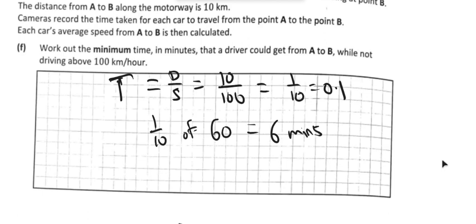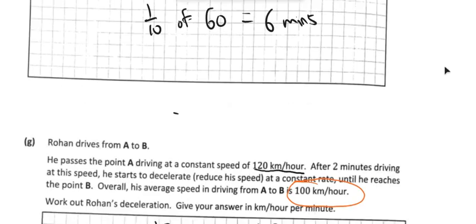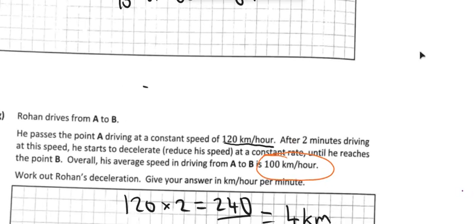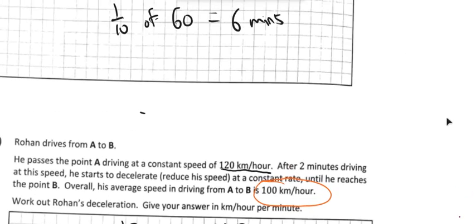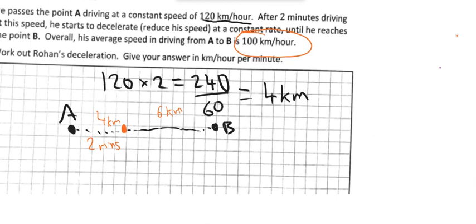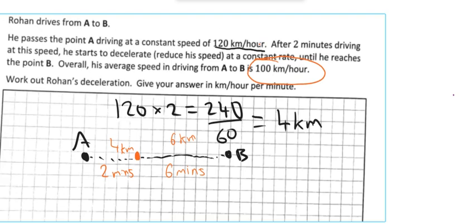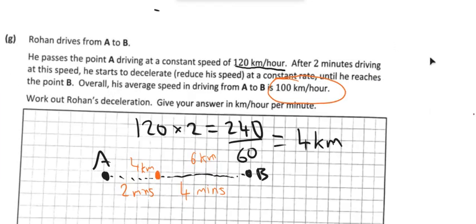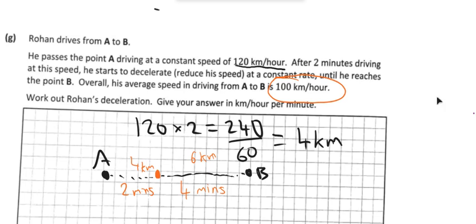So on average, it has to go 100 kilometers per hour, even though we know for the first 2 minutes it's faster, but it has to come down to be an average. Sorry, it has to take 4 more minutes because 2 of them are gone already. Altogether it'll be 6 minutes, but 2 of them are gone, so another 4.